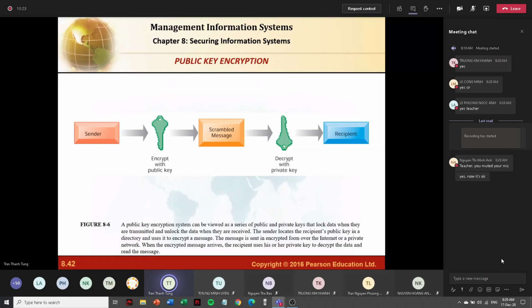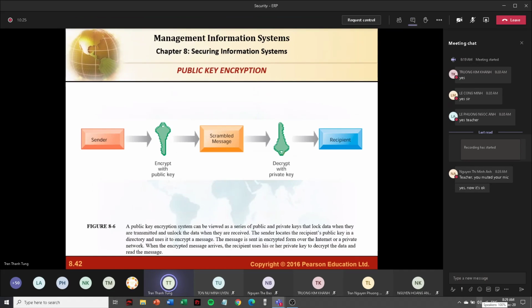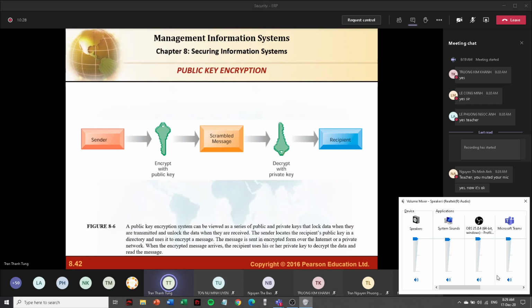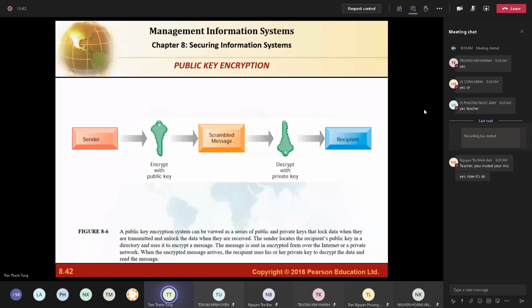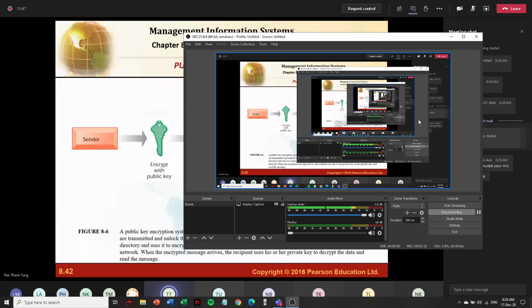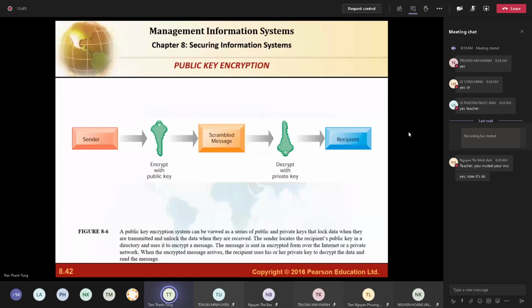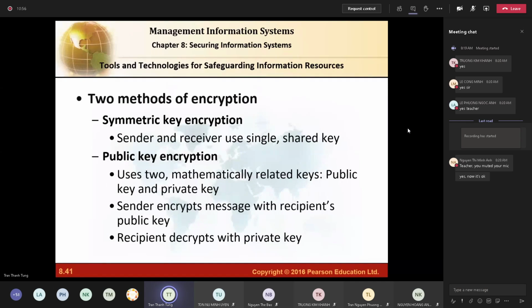Security is one of the key things to ensure that the company or the organization will not be attacked by hackers, or we don't lose our secrets. So as a manager or technical manager, you should be aware of some security risks and how to handle them. And in this part, I'll try to show you encryption.